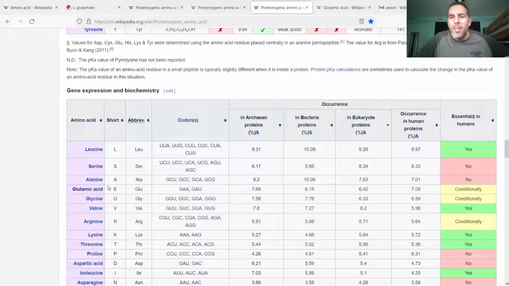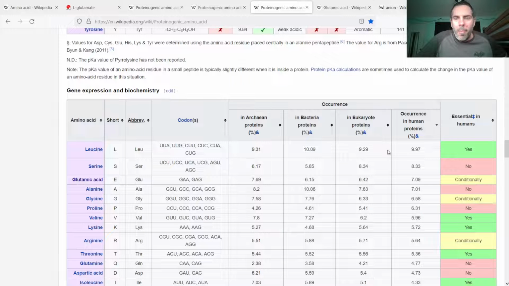I guess just to know that this nice table is available to sort by amino acids, so you can see a more detailed view of their abundances. It might be from a slightly different set of proteins compared to that original study on the amino acids webpage, but I'm not sure.